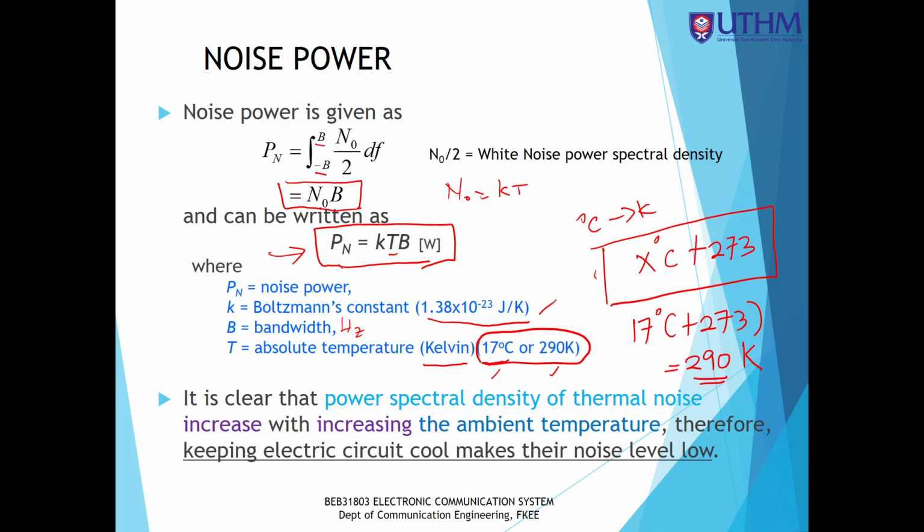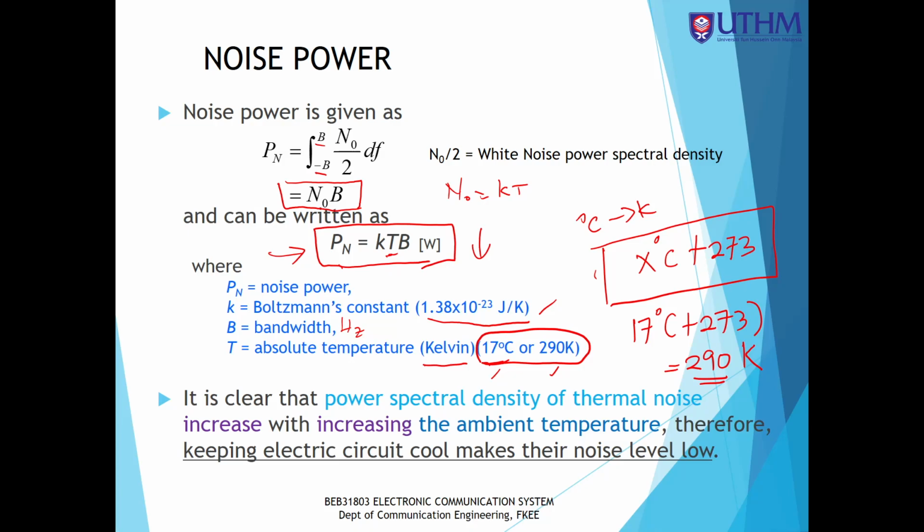The higher the ambient temperature, the higher would be the noise power. Ideally we want the noise power to be as low as possible. That's the best case scenario.